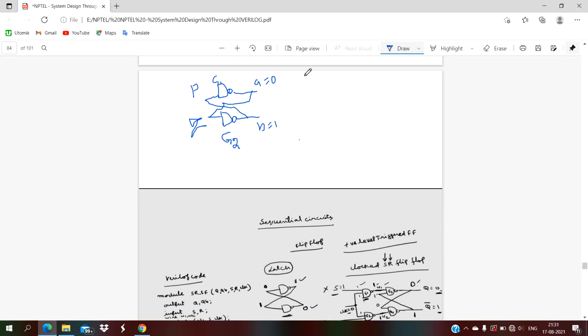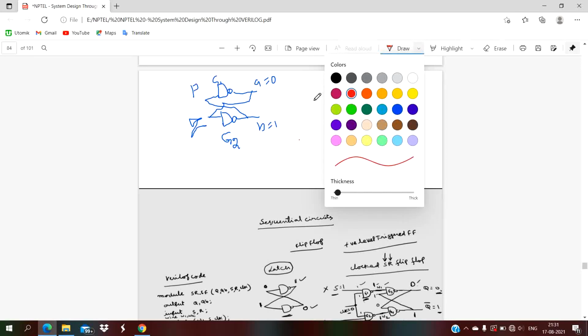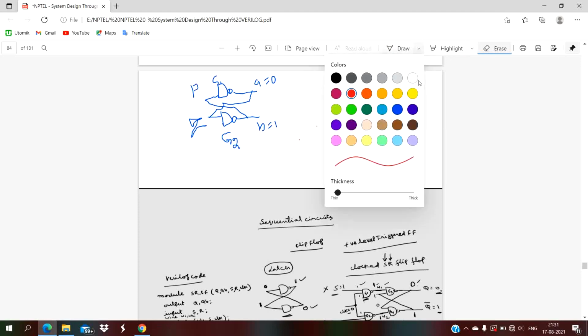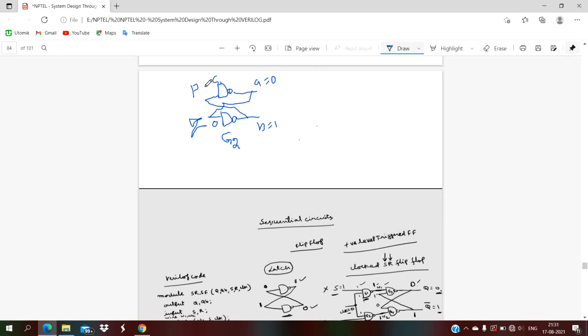Here, before execution: A is equal to 0, P is equal to 1.